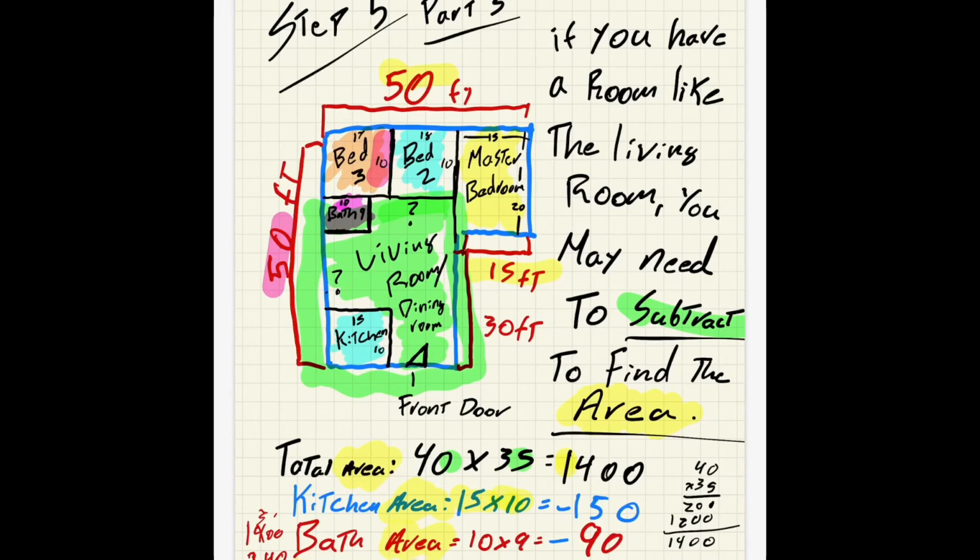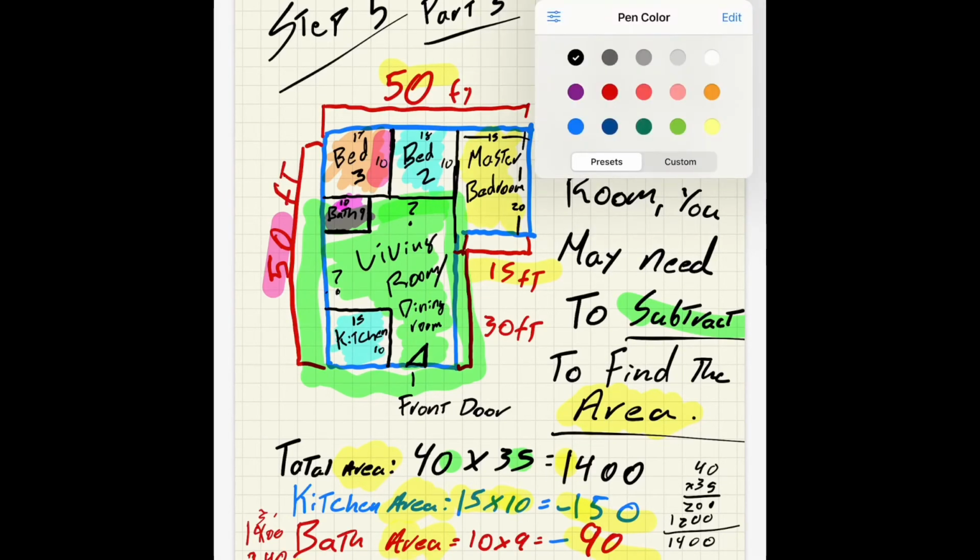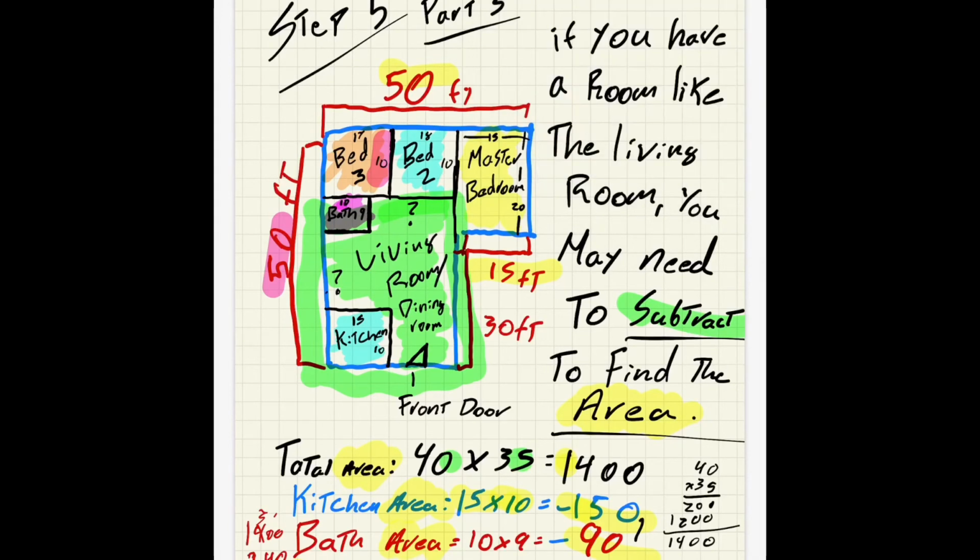I already calculated my kitchen area and my bathroom area. So if I add those together, that equals 240 for that. And if I subtract 240 from my total area of 1,400 square feet, I get the area of my living room, dining room is 1,160 square feet.